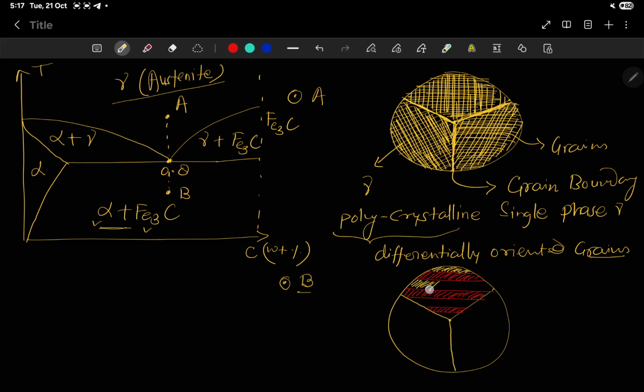This will be alternate layers of alpha and Fe3C that we will get here.